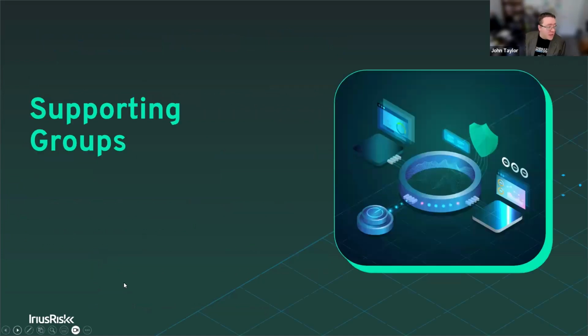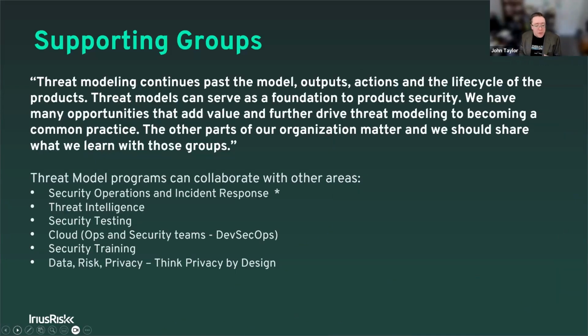So as we look more towards the program and think about supporting groups, where else does this program support the rest of your organization? A lot of times we get stuck in tunnel vision: okay, we're threat modeling and delivering value. Where does it extend? This is where we start thinking about the outputs and the life cycle.